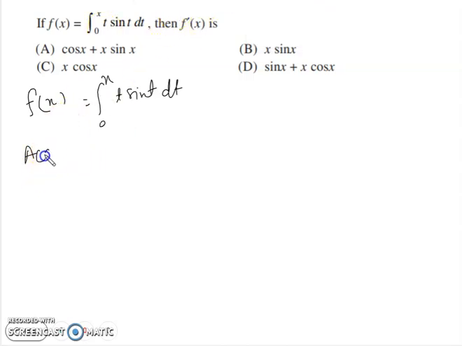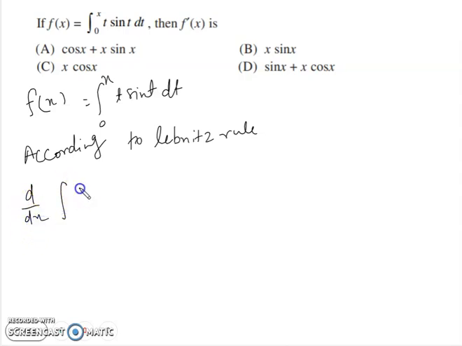According to the Leibniz rule, you can find out the differentiation of any integration, d by dx, if you have an integral in this form, with limits a(x) and b(x). So we have to find out the differentiation of the integration. Are you getting my points? So you can apply this formula.